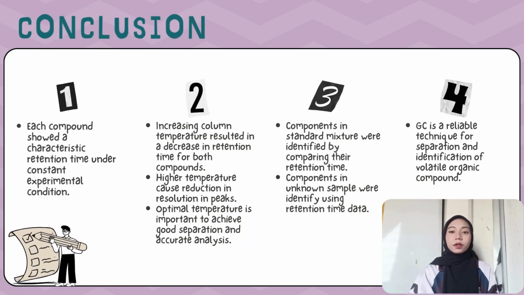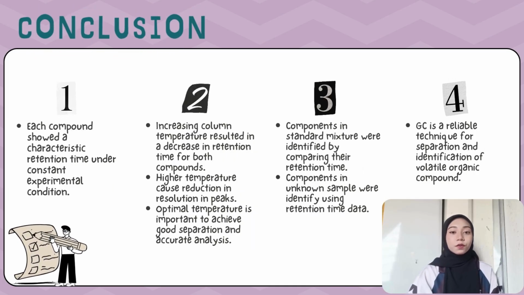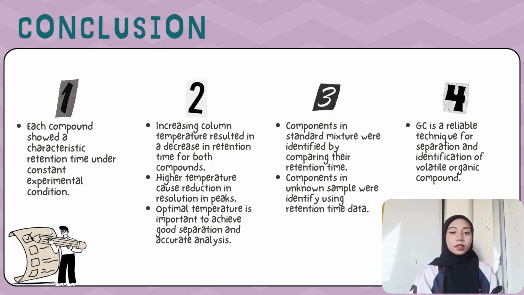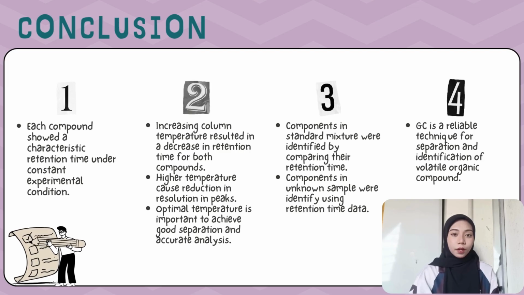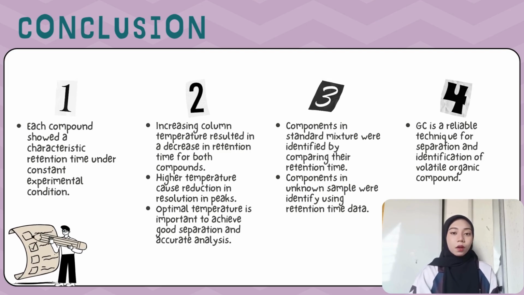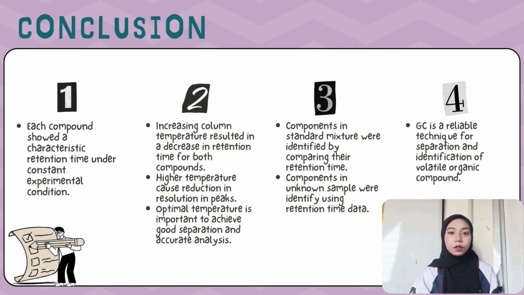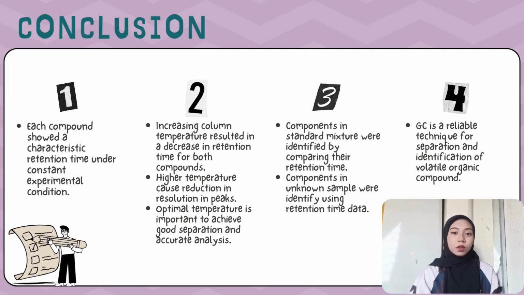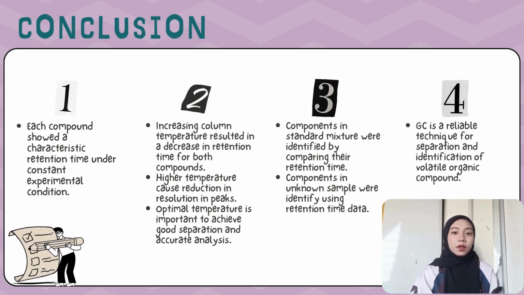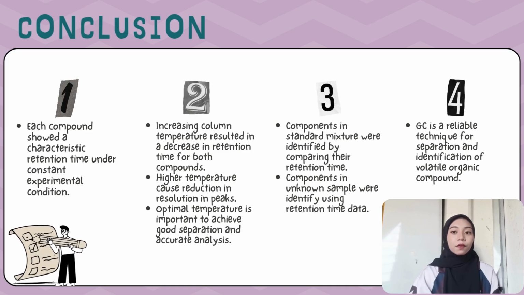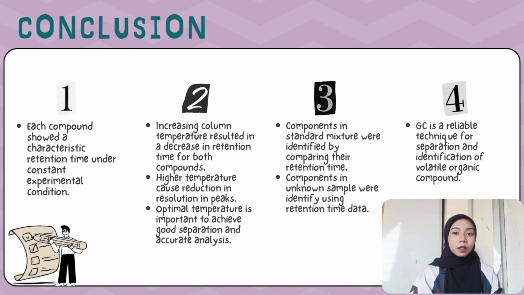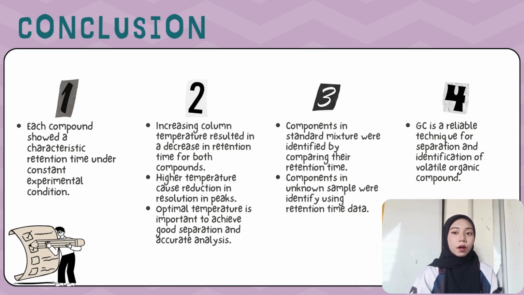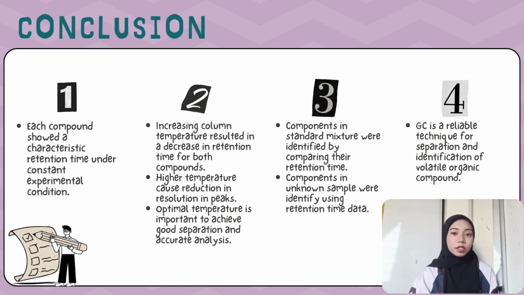In this experiment, gas chromatography was successfully used, an effective analytical technique to separate and analyze volatile compounds. The retention times of N-butanol and 2-propanol were determined, demonstrating that each compound has a characteristic retention time under fixed operating conditions. This confirmed that retention time can be used as a reliable parameter for compound identification.